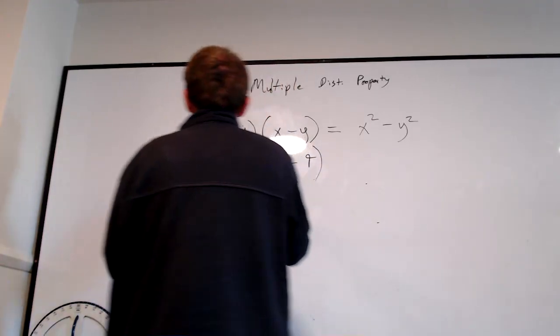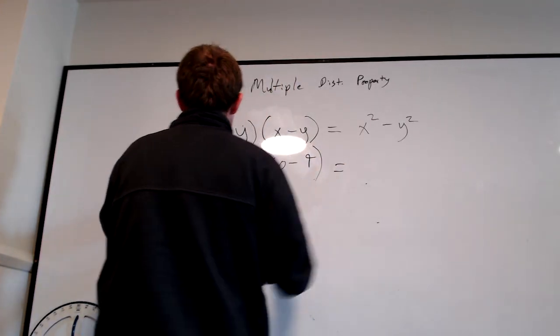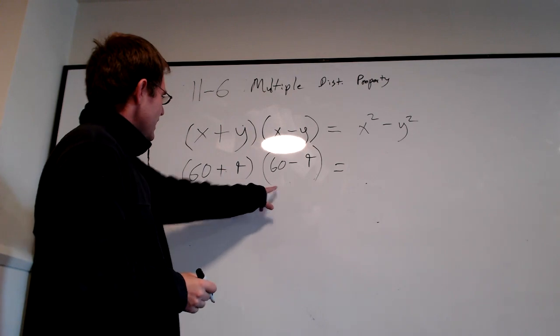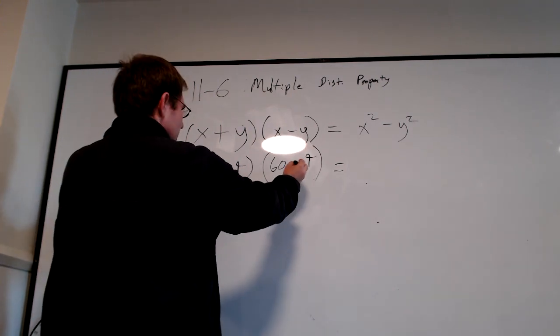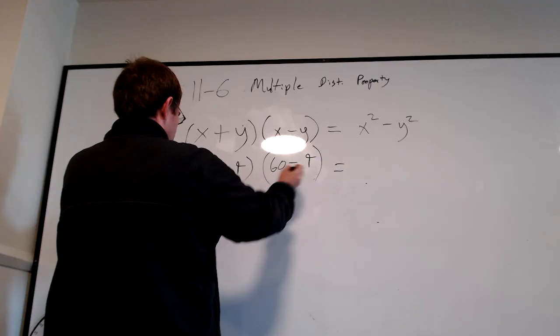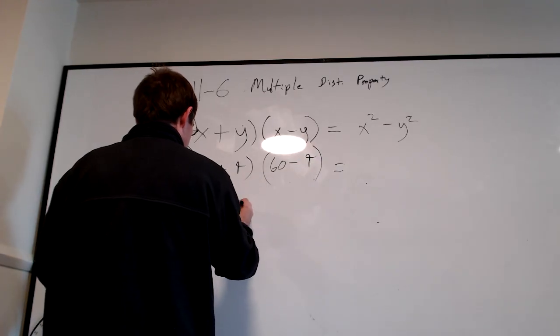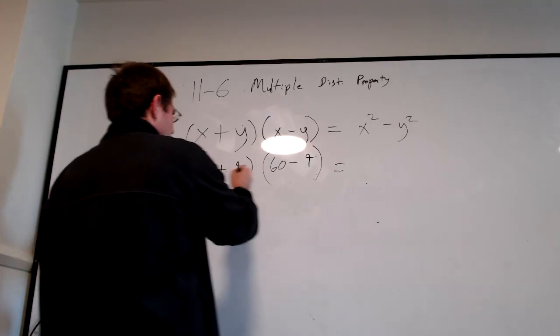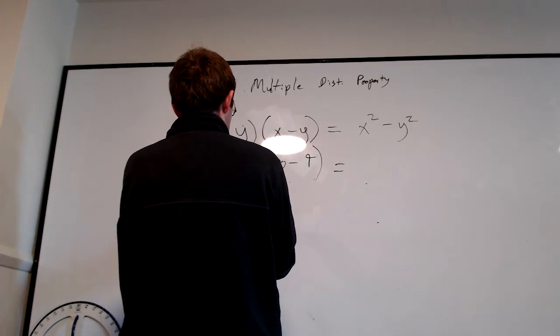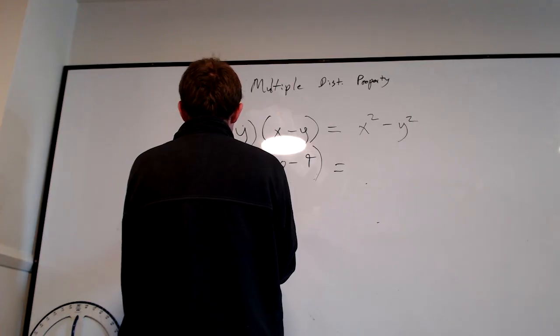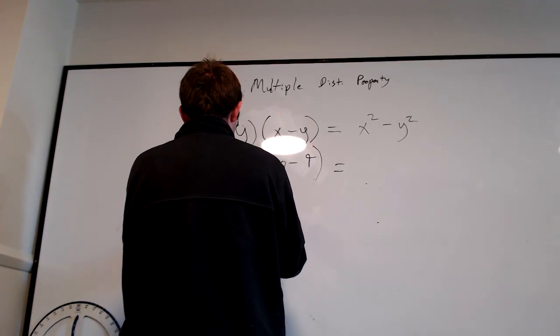Okay, so this is going to be 60 times 60, which is 3600. Then 60 times negative 4, which is negative 240, and positive 4 times 60, which is 240.